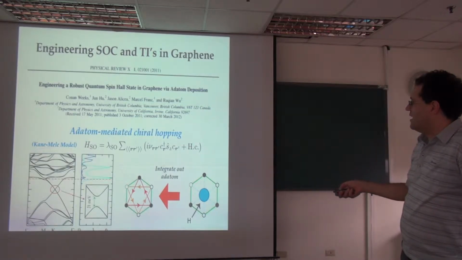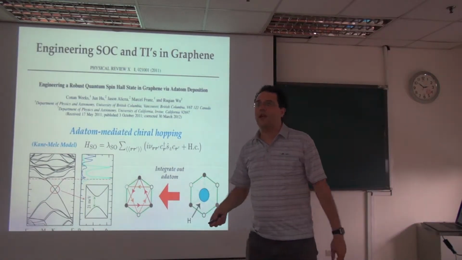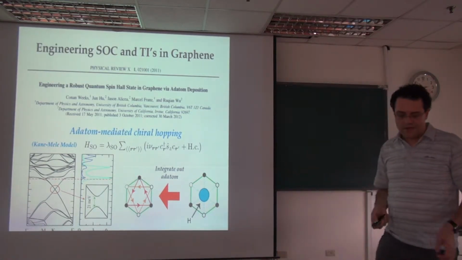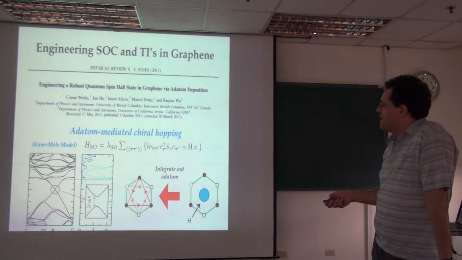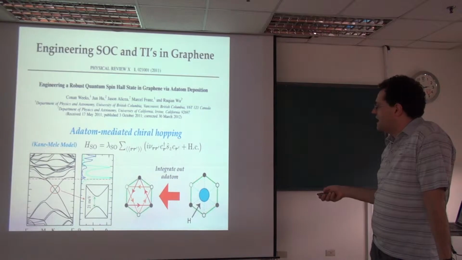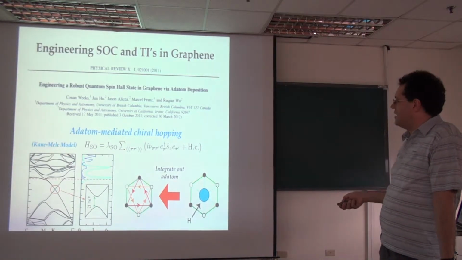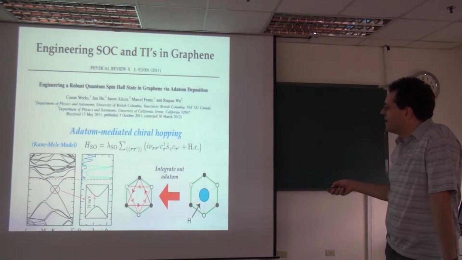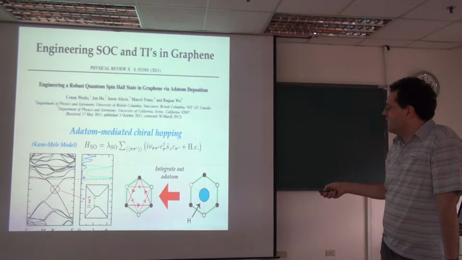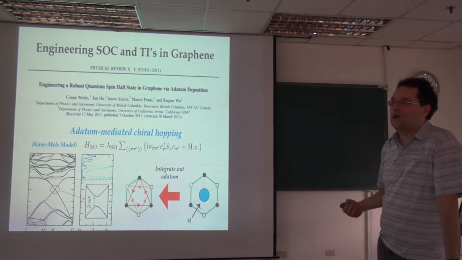Now, this has been confirmed in this paper by careful first principle calculations, and they found that in the case of, I think, thallium, the gap which is induced by these heavy atoms placed on top of graphene can be as large as 21 millielectronvolts, which is a sizable gap.